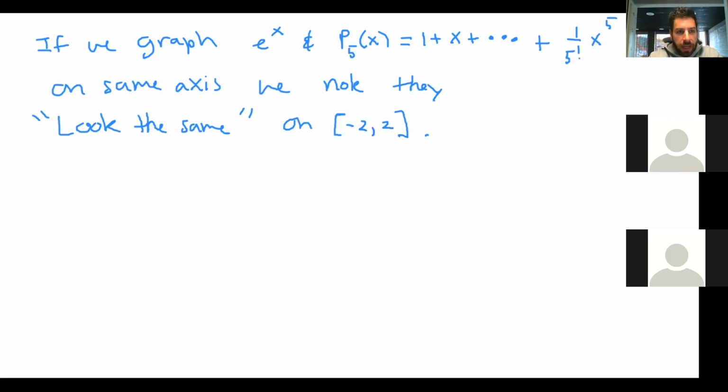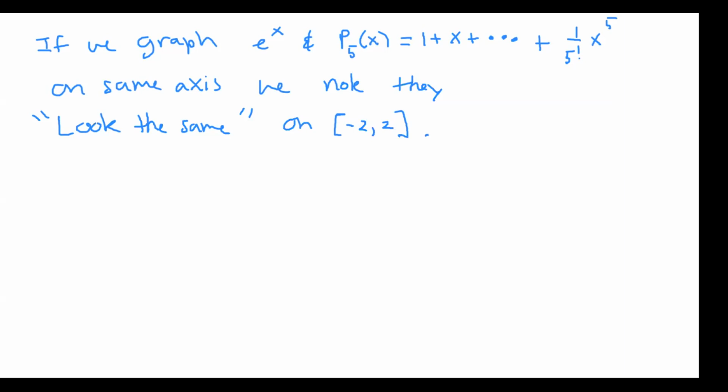If I restricted my domain, if I said -2 less than x less than 2, and I did that for the other guy, and just looked at the graphs, and I change my scale, you would say, okay, those look pretty similar. They're not exact, but they look pretty similar.